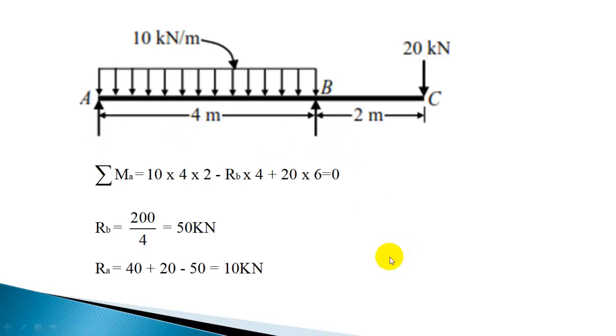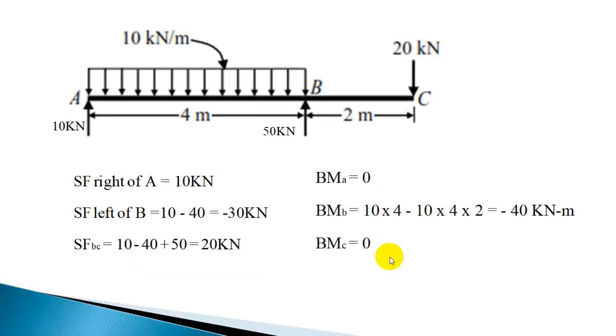Now let us draw the shear force diagram for this. First we will calculate the shear force. Shear force immediately right of A is going to be 10 kilonewton. Okay, immediately right of A without considering this UDL. Okay, negligible part of UDL is acting. So immediately right of A, 10 kilonewton is the shear force. When you move to the left of B, 10 minus this total UDL, that is 40.